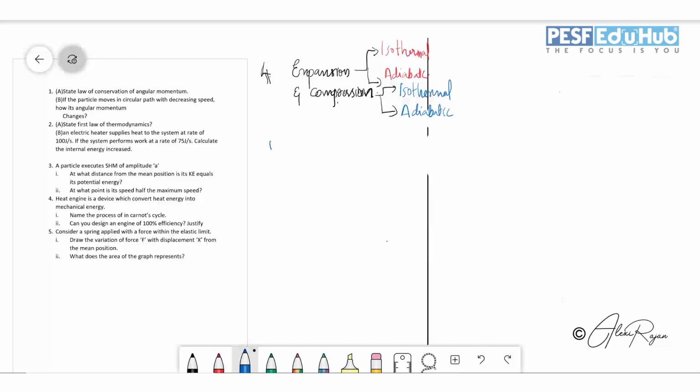First one is isothermal expansion. Next comes adiabatic expansion. Third one is compression, that is isothermal compression.